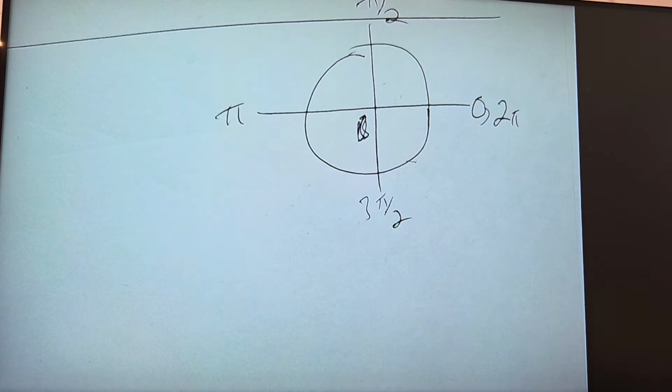So real quick, can you guys estimate where 3 radians is? What quadrant would an angle of 3 radians live in? 2. Why? You're right, but why? Real quick.